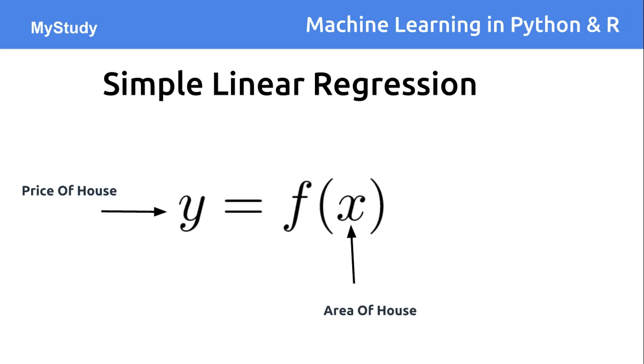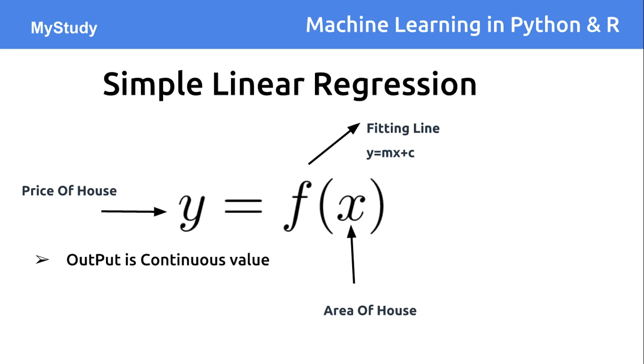Lots of house prices and lots of house areas have been given to us. So our task in the simple linear regression model is to fit or model this function f, which is nothing but the fitting line to the data, in the form y is equal to mx plus c, where m is the slope of the line and c is the intercept of the line.